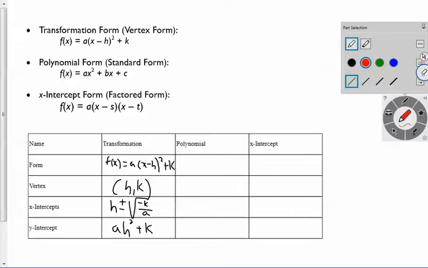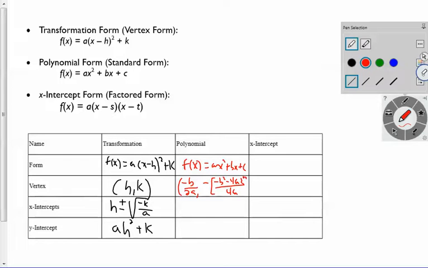The next version is the polynomial version, f of x equals ax squared plus bx plus c. I hope you're sketch noting some of this stuff. The vertex here is x equals negative b over 2a, and to find the y, it is the opposite of b squared minus 4ac all over 4a.